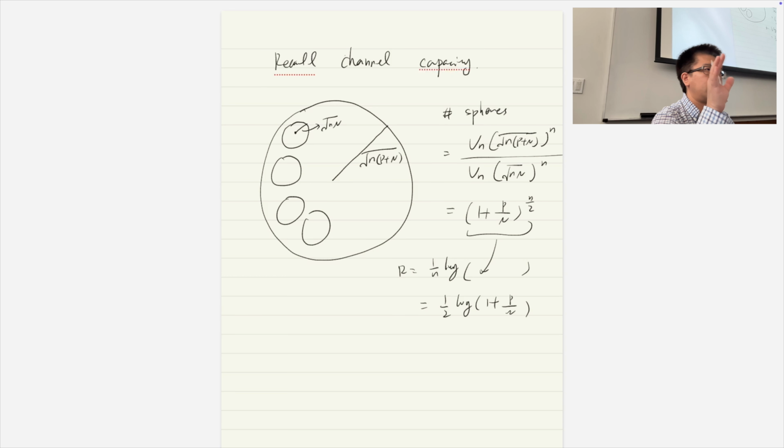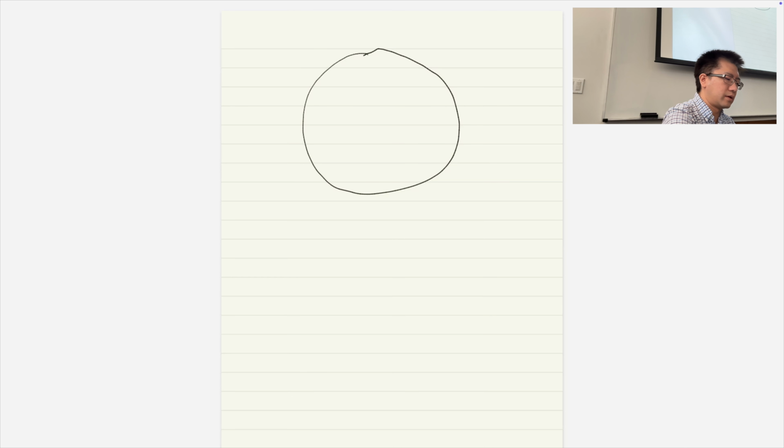For rate distortion we can do something very similar. Now we have a source, and this is all the possible values of the source.